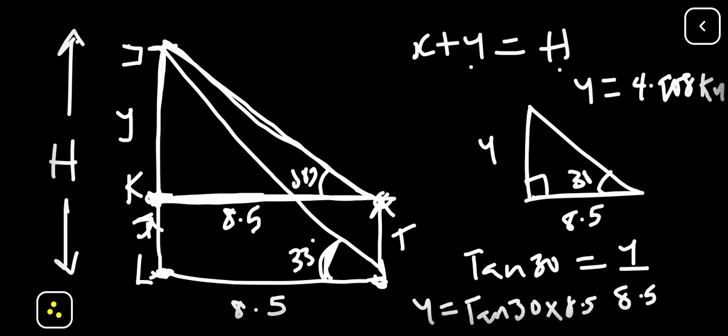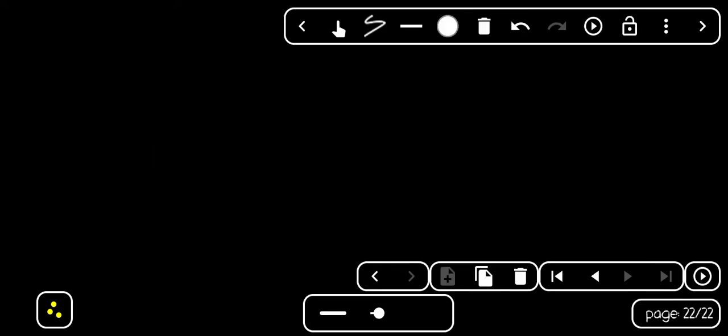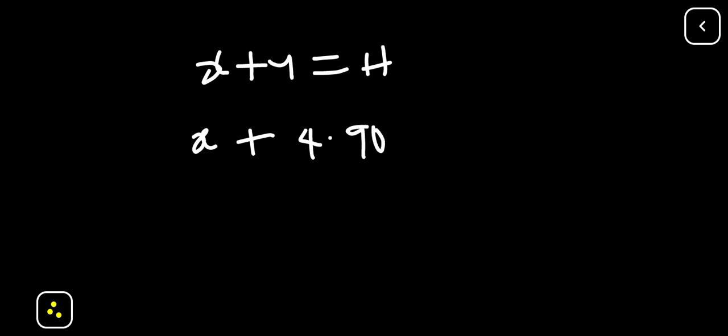We already know Y, we already know H. So we'll just put it in an equation format. X plus Y is equal to H. We do not know X, which is the height of the tower, plus Y, which we just found out now to be 4.908 kilometers. We know the big H, the total height, is 5.520.